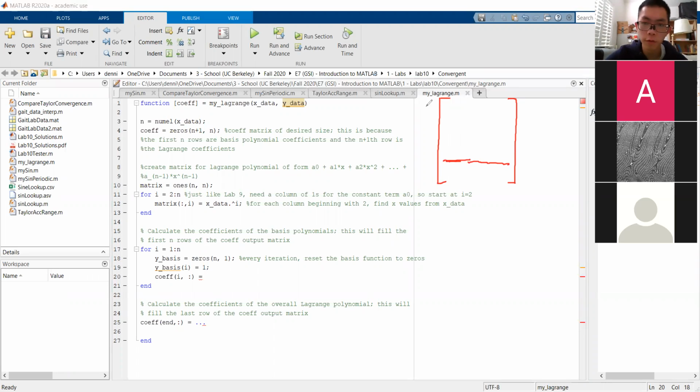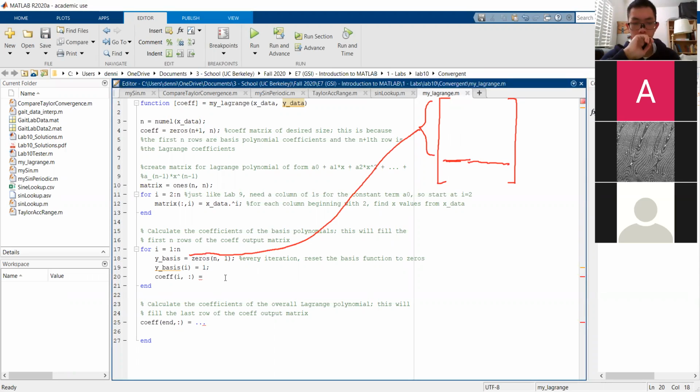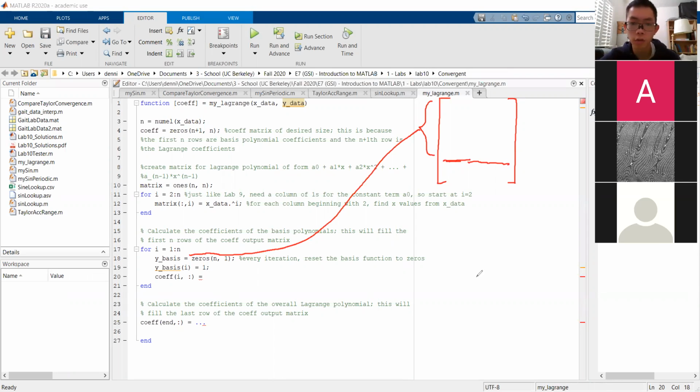Here's this top part over here, this for loop. So we have a y basis, and that's going to be the 0, 0, 1, 0 we kind of talked about. I'll write it as 0, 0, 1, 0. This is the third iteration.